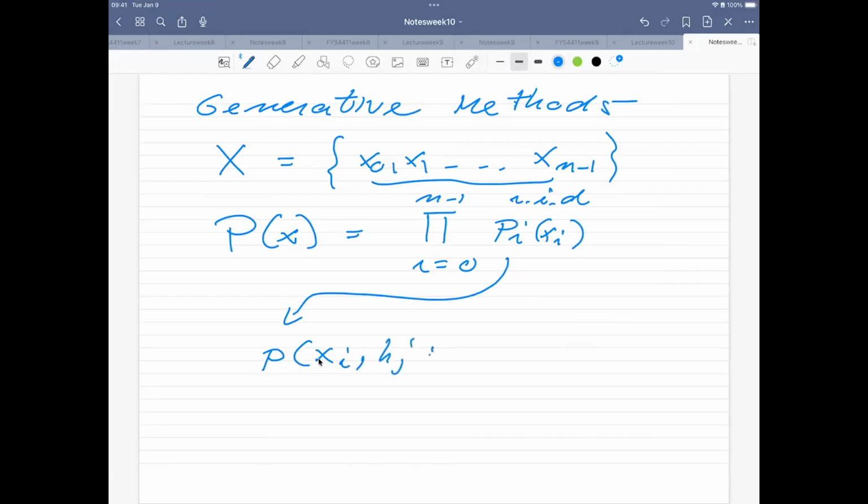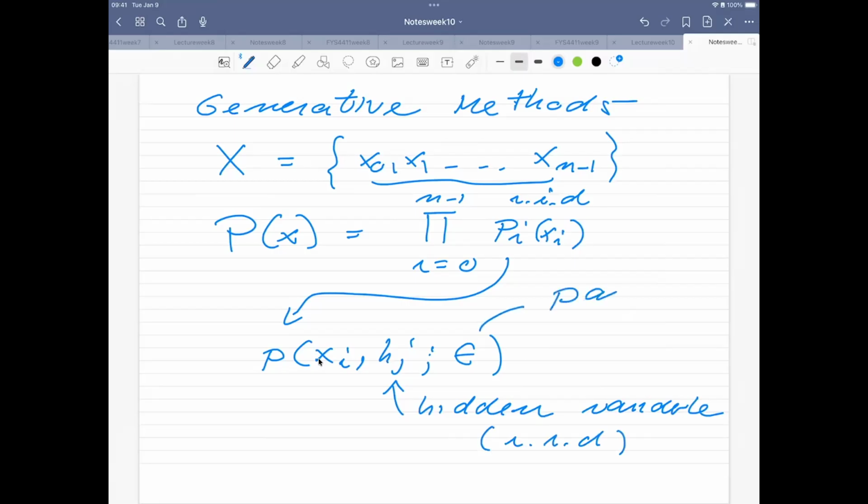H is called a hidden variable. It's also assumed to be a stochastic variable, independent and identically distributed. And then theta are the parameters of the network.